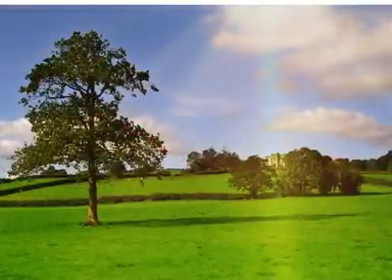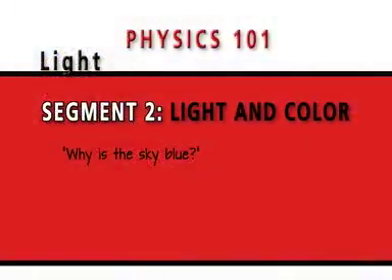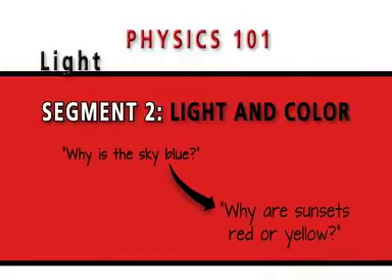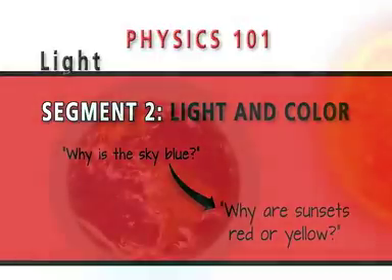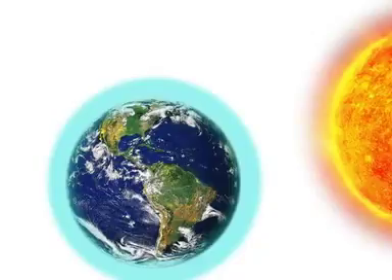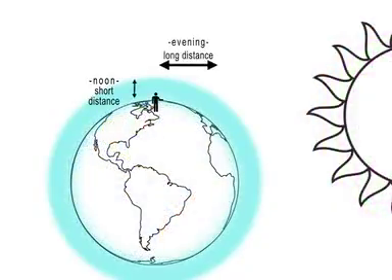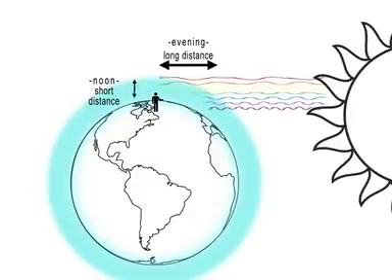You can take this same theory and apply it to several related questions to answer them also, like, why are sunsets red or yellow? As the sun sets, the light must travel through thicker or more atmosphere. Thus, more and more of the smaller wavelengths of light scatter off and never reach our eye.